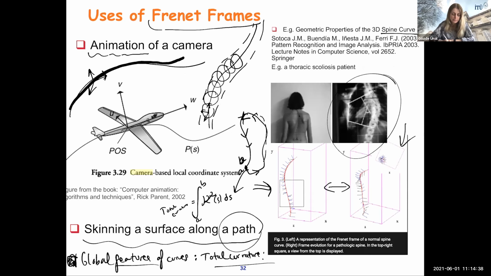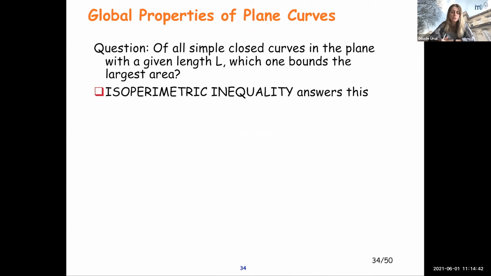All right, so what else? I was saying some global features of curves. Now you guys can define this; it's another global feature or property of plane curves. Of all simple closed curves, these are some important, well-known differential geometric concepts. Simple curve means it doesn't intersect itself. This is not a simple curve.